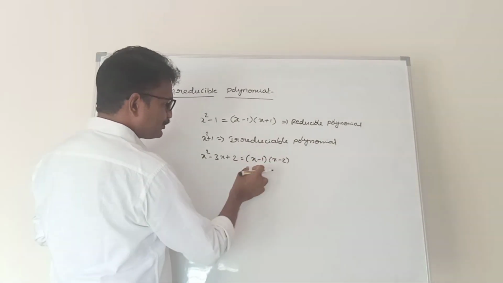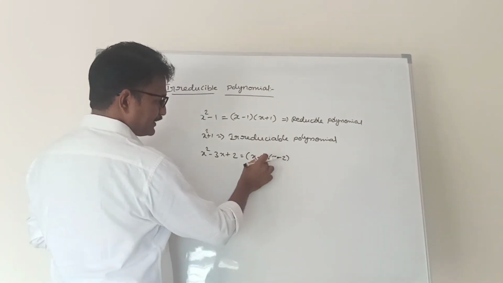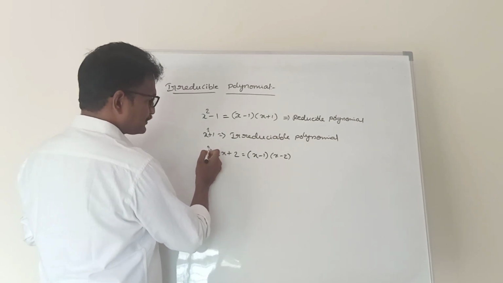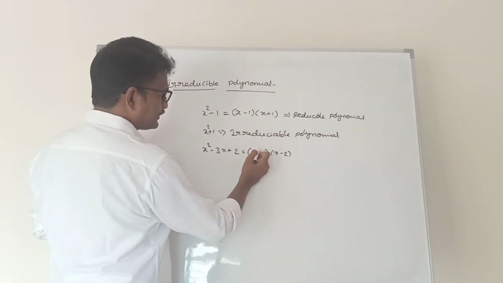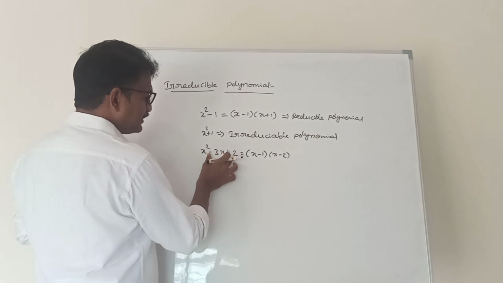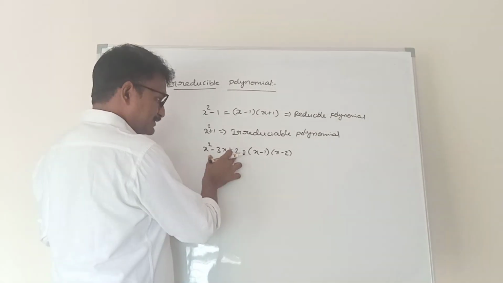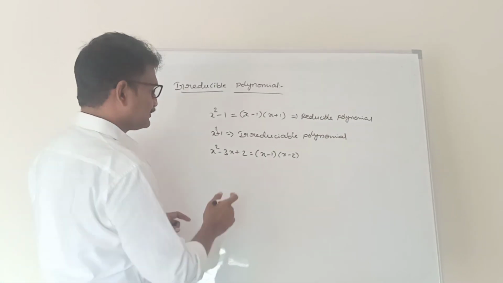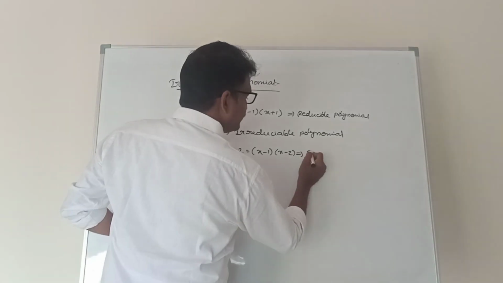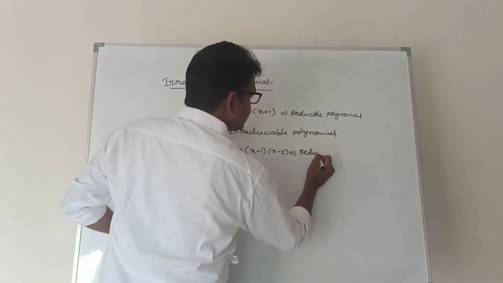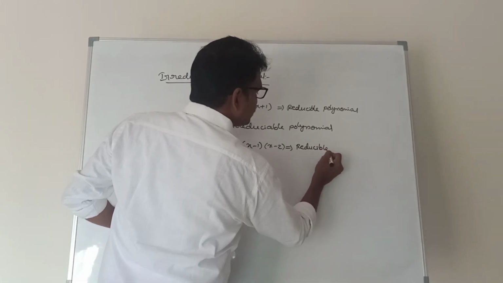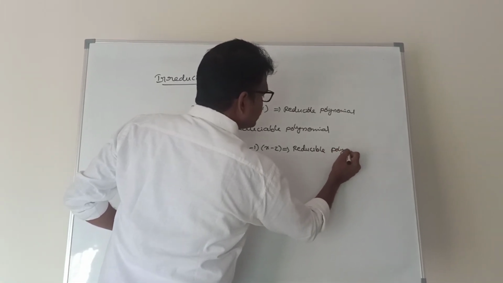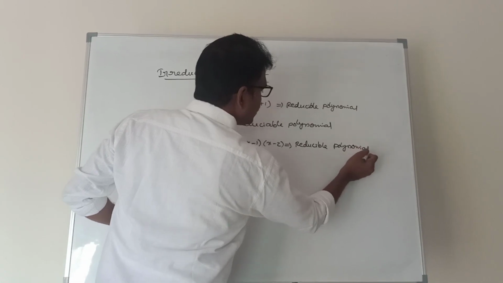We can split this quadratic expression into two linear polynomials, so this is called a reducible polynomial.